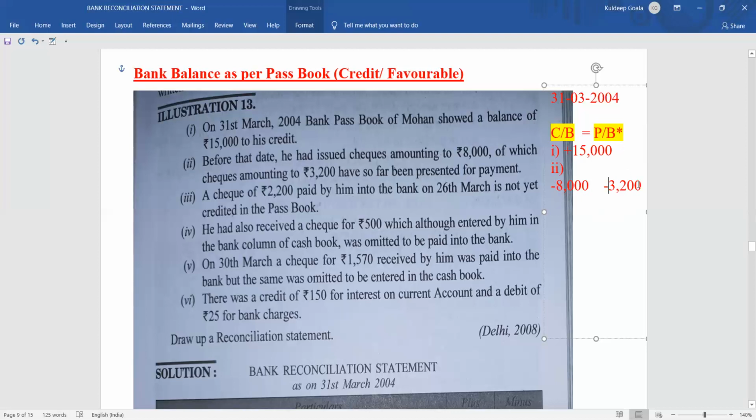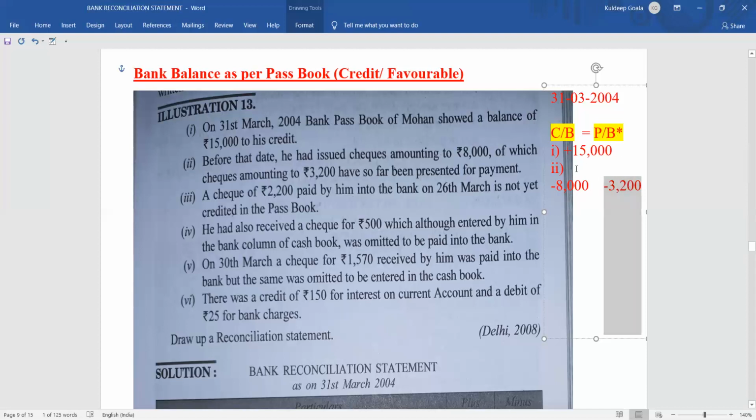Clear? So what shall we do here so that both the sides are same? What can we do here? Since this side it is minus 8,000, to make it same, the passbook also should be minus 8,000, right? Both the sides, then only it will be same, because we have to make it same, and for that we have to make the changes only in the passbook, because passbook is the base.